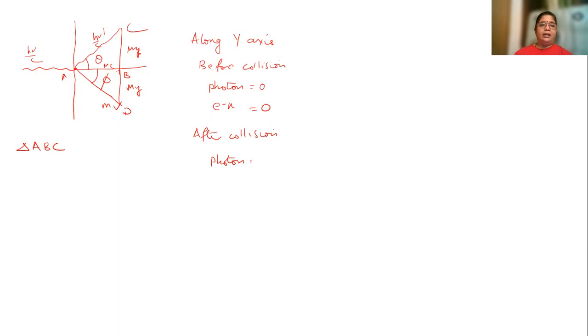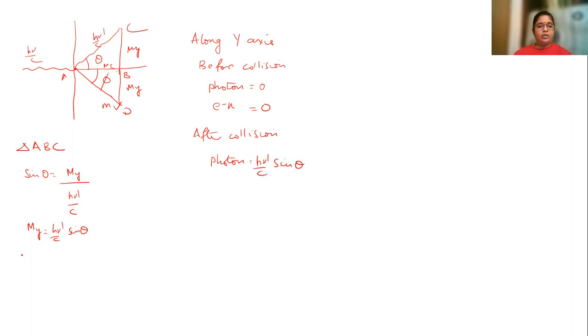In this triangle, I need the opposite side, so I am going to take sin theta equal to py by hypotenuse h nu dash by c. Or you can write py is equal to h nu dash by c sin theta. So momentum of our photon is h nu dash by c sin theta.